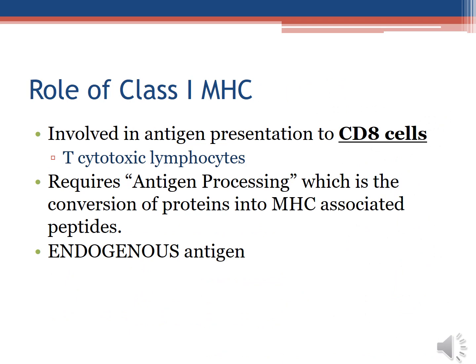So what are the roles of the Class I MHC? It's highly involved in the antigen presentation to CD8 T cells, or our T cytotoxic lymphocytes. One thing that we have to remember when this Class I MHC presents these antigens to these CD8 T cells is that this antigen has to be processed first.